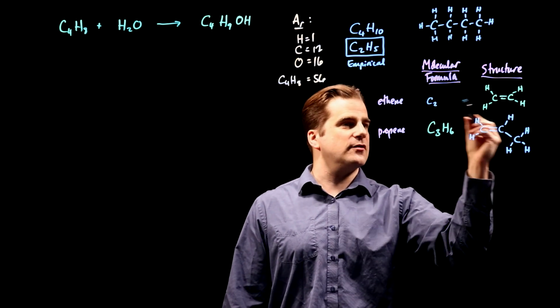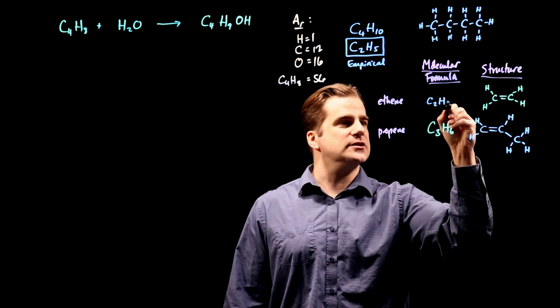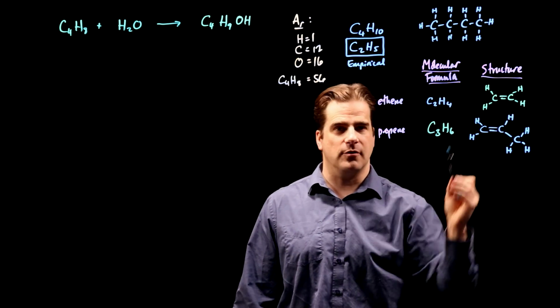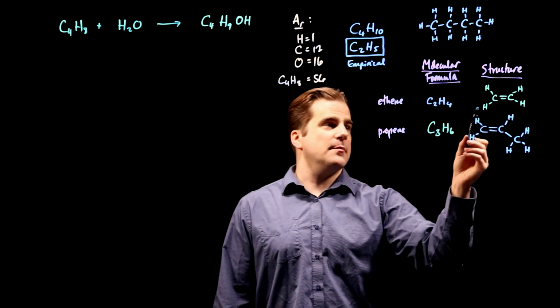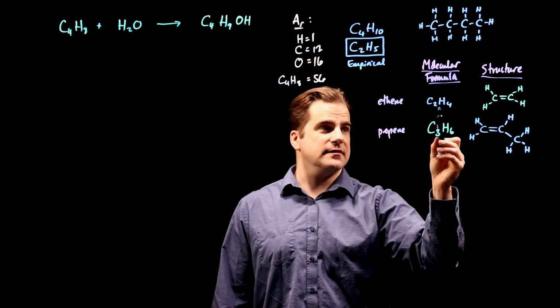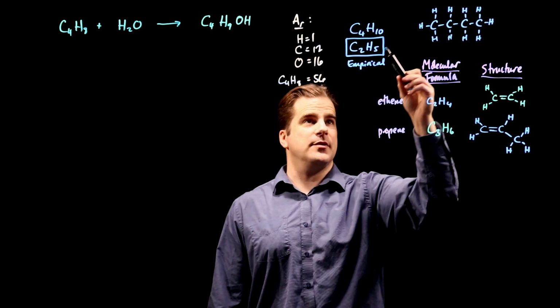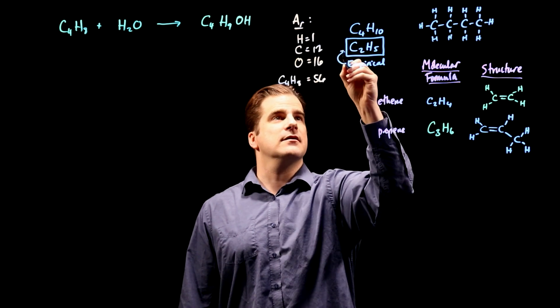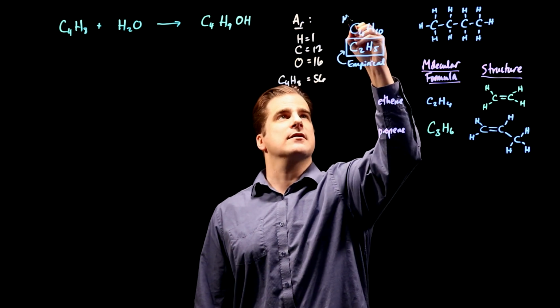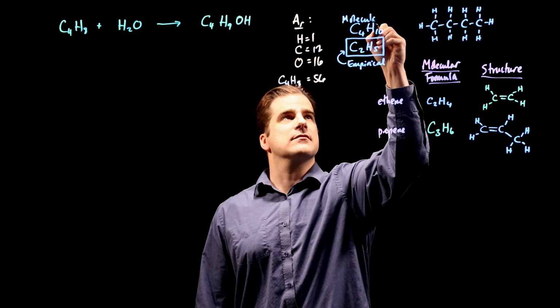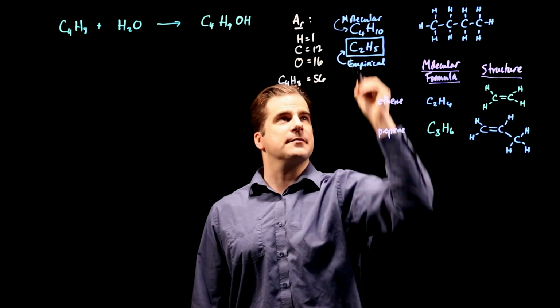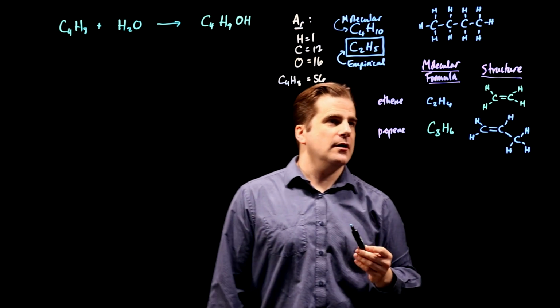So it's C2 and H4. C2H4. That's the molecular formula. The empirical formula would be CH2, because that's the lowest ratios. So just going back to butene, that's the empirical formula. Okay, and that's the molecular formula, that one there.